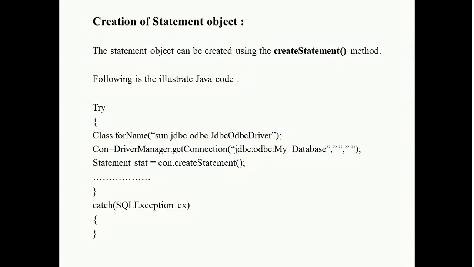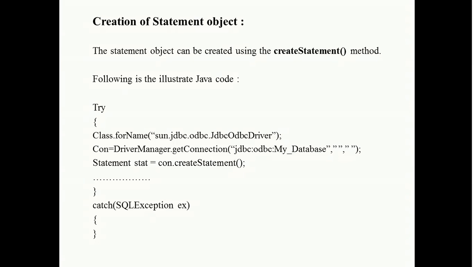See the syntax of the creation of the statement object. In the try block, Class.forName("sun.jdbc.odbc.JdbcOdbcDriver"). This statement is used to load the JDBC ODBC driver into the program.